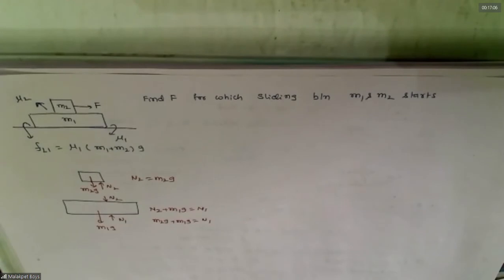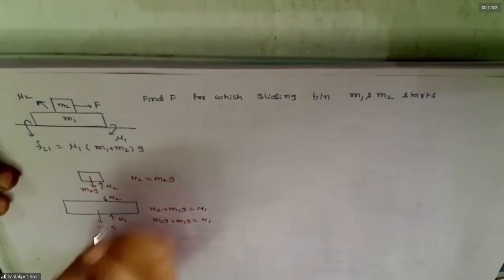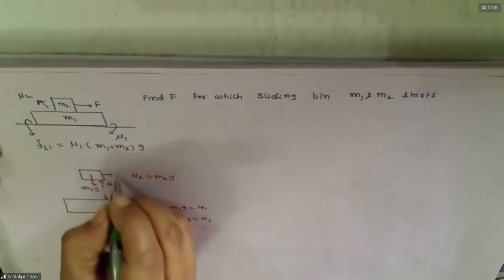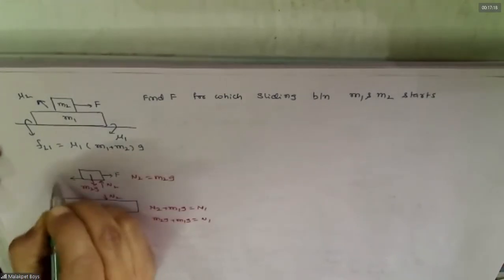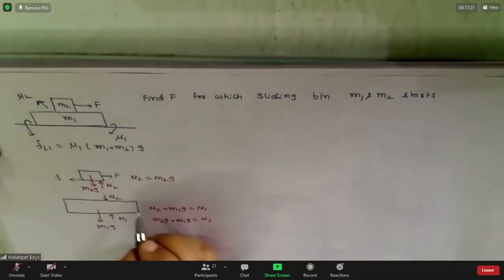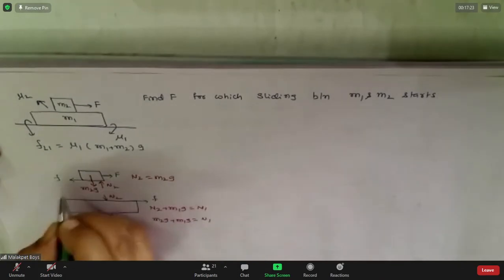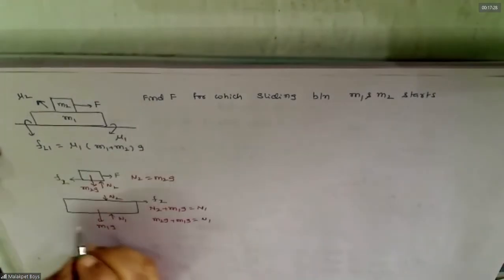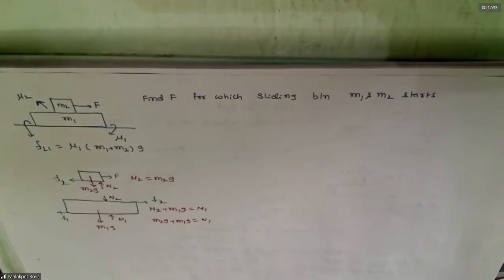So here you can see that friction here, because F is being applied, friction will be on this side. This is the lower one, I'll call it F1. Followed till here? Any doubt is there? No, sir.